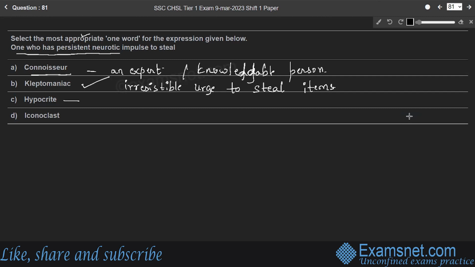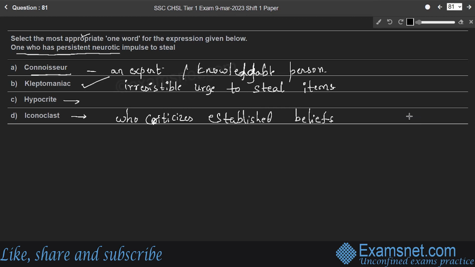Whereas option C, hypocrite, refers to a person who pretends to have moral or religious beliefs, principles, etc., that they do not actually possess or follow. Whereas iconoclast refers to a person who attacks or criticizes established beliefs or customs. So one who criticizes established beliefs.